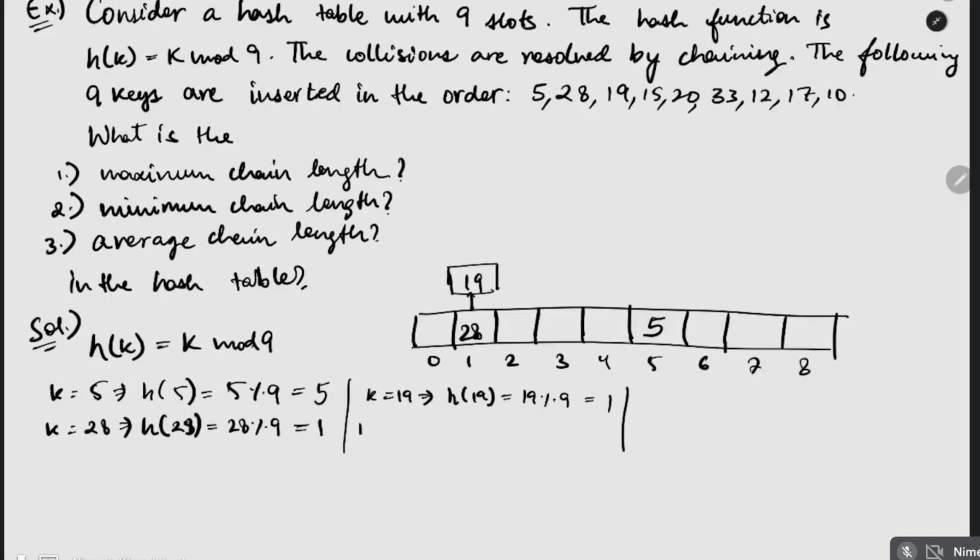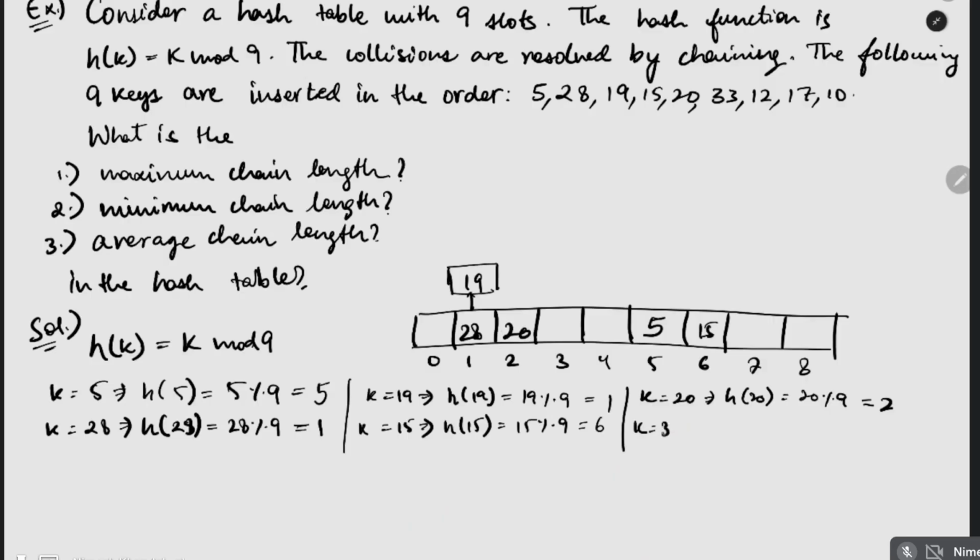And then for k equal to 15, 15 mod 9, that is 6, 15 goes here. 20, 20 mod 9, that is 2, so 20 goes here.